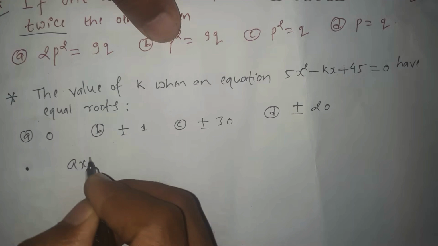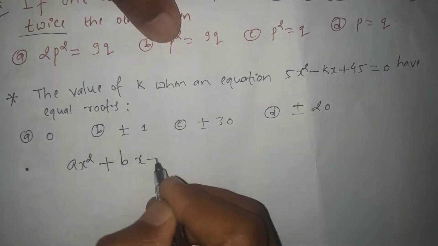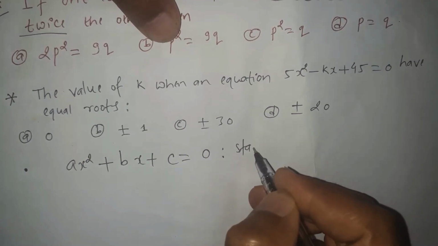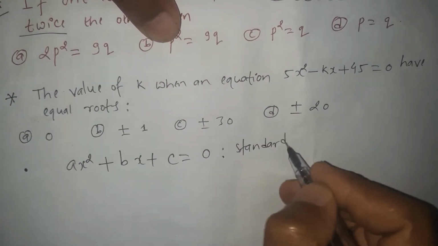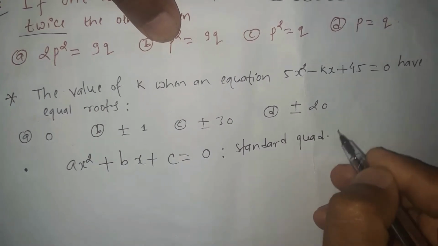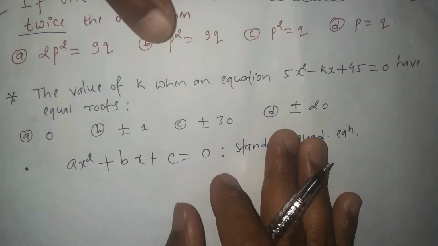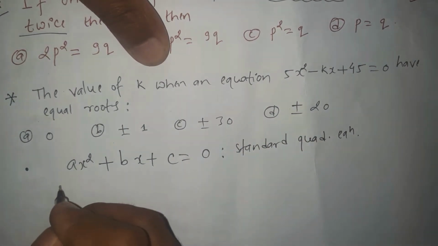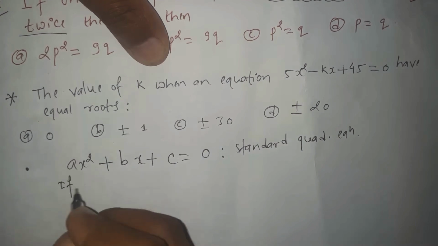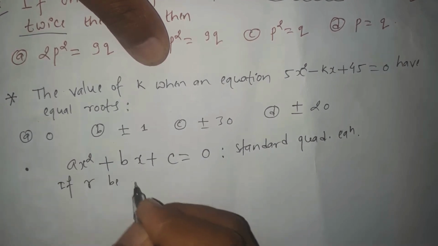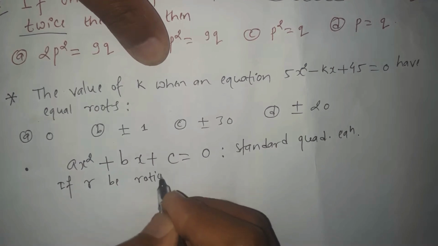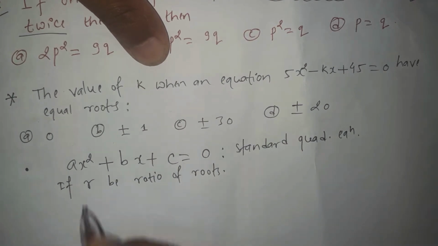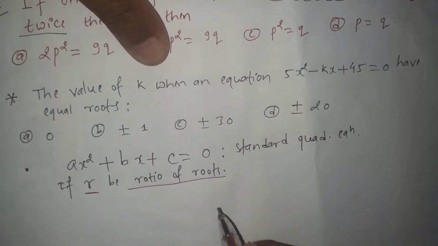The standard quadratic equation is ax square plus bx plus c equals 0. A quadratic equation always gives two solutions, and if these solutions are in the ratio r, let r be the ratio of the roots. Here we take r for the ratio of the roots.